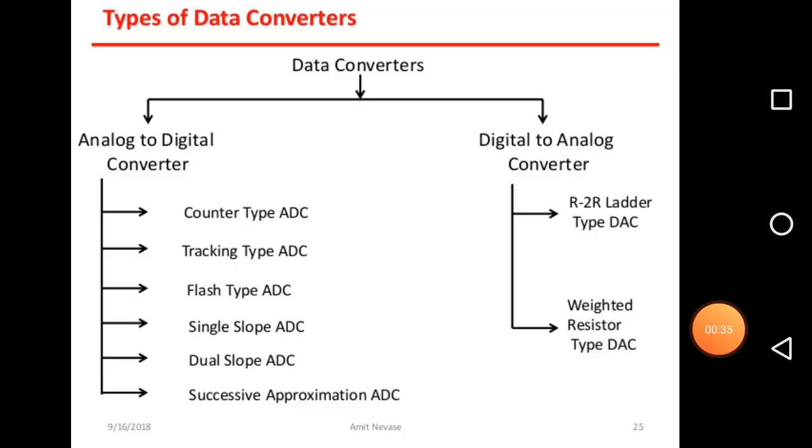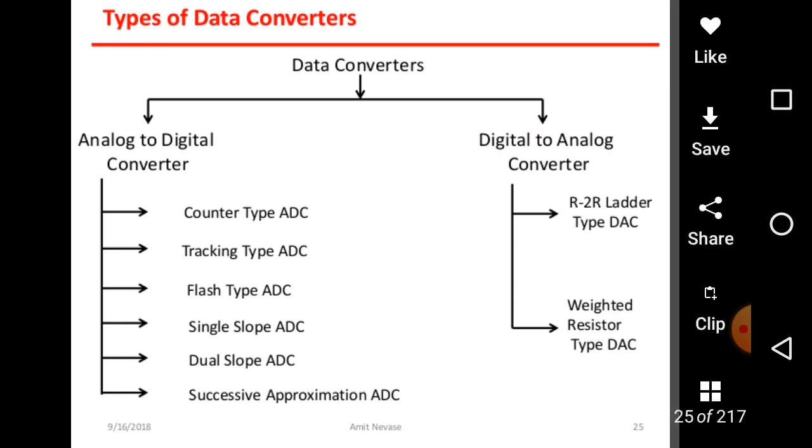In the slide, you can see clearly how data converters are classified. Analog to digital converters: mainly counter type ADC, flash type ADC, single slope ADC, dual slope ADC, successive approximation ADC. For your syllabus, counter type ADC, flash type ADC, dual slope ADC, and successive approximation ADC are there.